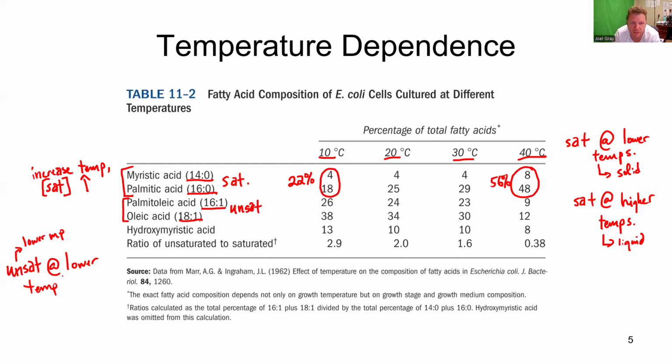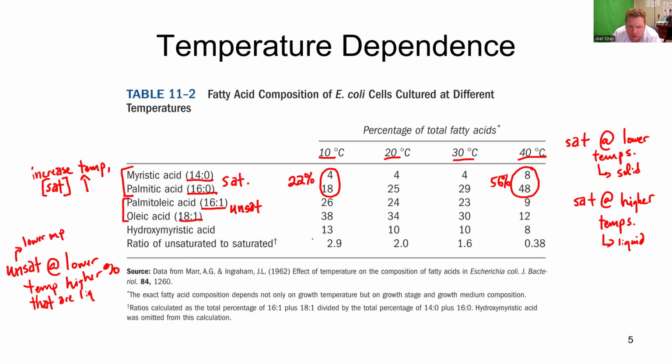Unsaturated fatty acids at lower temperatures, you're going to see a higher percentage that are liquid than saturated fatty acids.